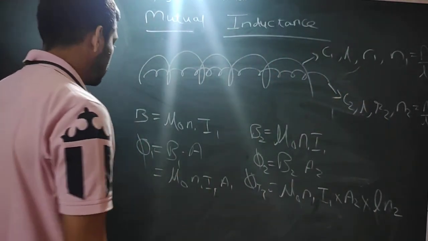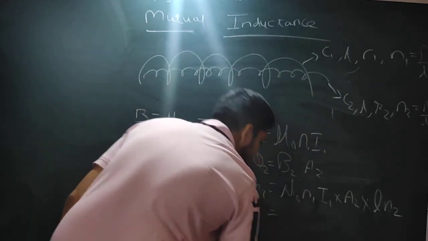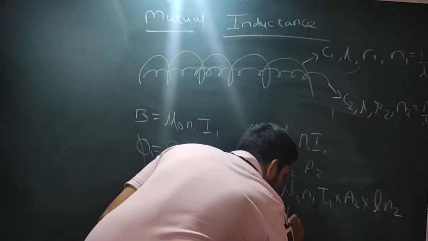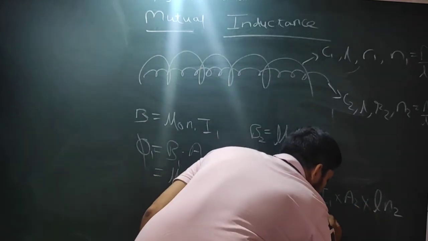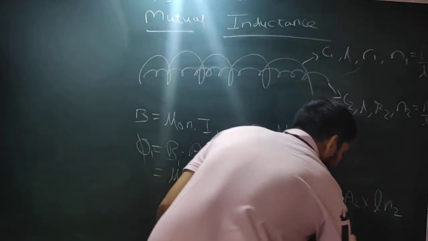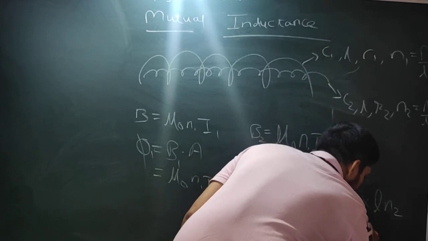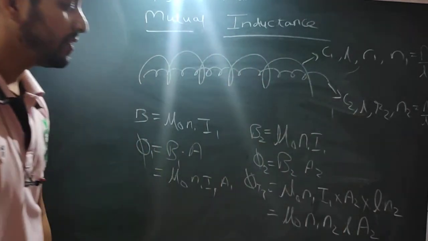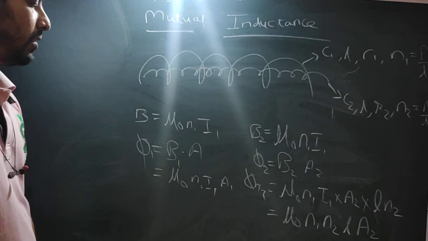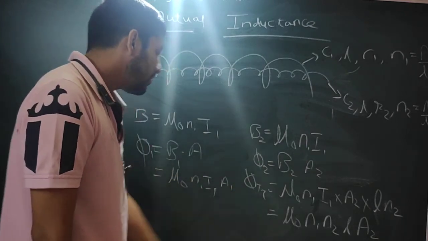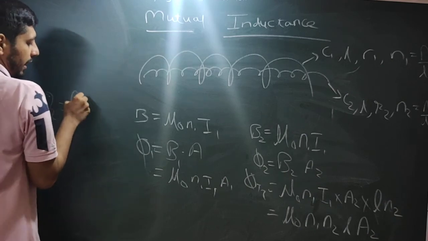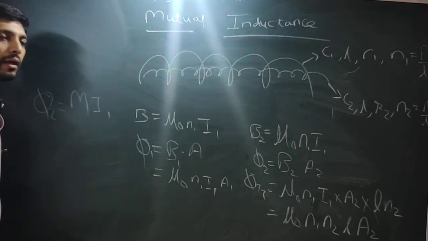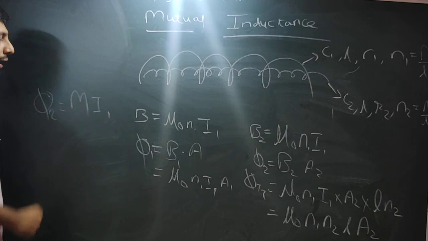So I'll write it once again over here: mu 0 N1 N2 L A2. Can I write it in this form? Now what is the value of this? We have already found out that phi 2 is equal to M I1.